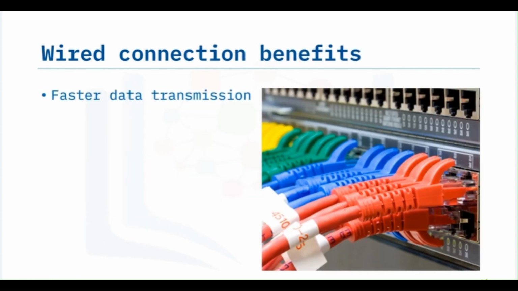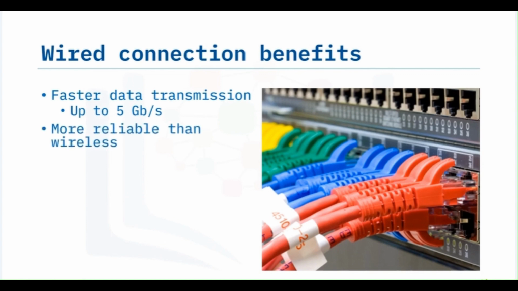Wired connections allow faster data transmission. This connection offers speeds up to 5 gigabits per second, while wireless connections have a speed of only 1 gigabit per second. They're more reliable than wireless connections because they have consistent speed and connectivity. Wired connections are not impacted by weather conditions and are immune to signal drops and dead zones.